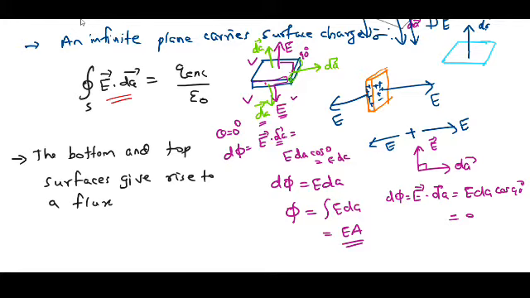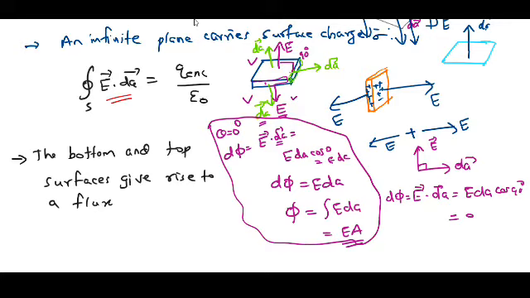The contribution from the bottom surface or the top surface is calculated here: from the top surface or from the bottom surface we will get the flux EA, and from the upper surface, if you look at this figure, this surface also gives a flux phi equal to EA.